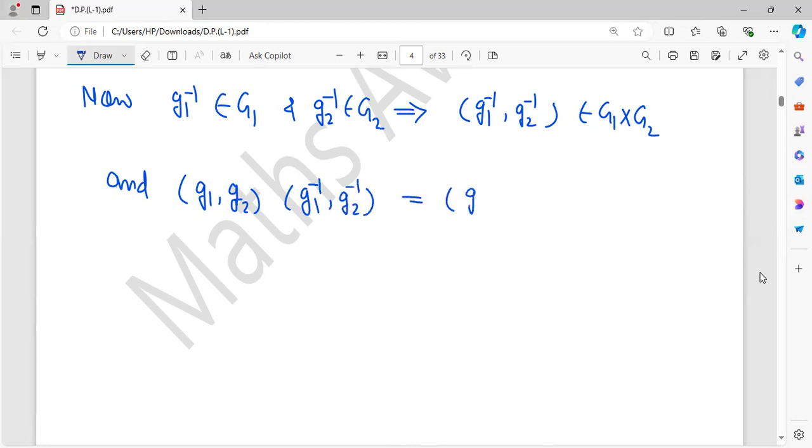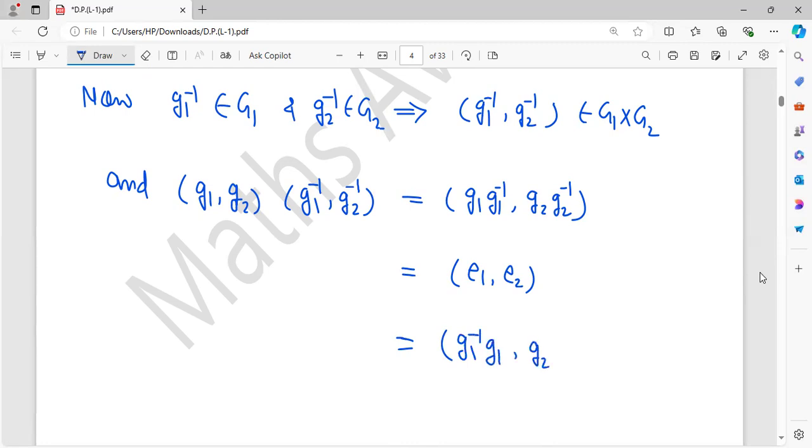That is nothing but (g1 g1 inverse, g2 g2 inverse), so this is nothing but (e1, e2). Okay, and we can write the same thing: (g1 inverse g1, g2 inverse g2).